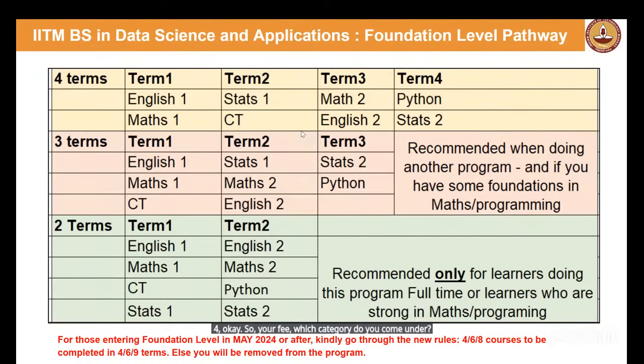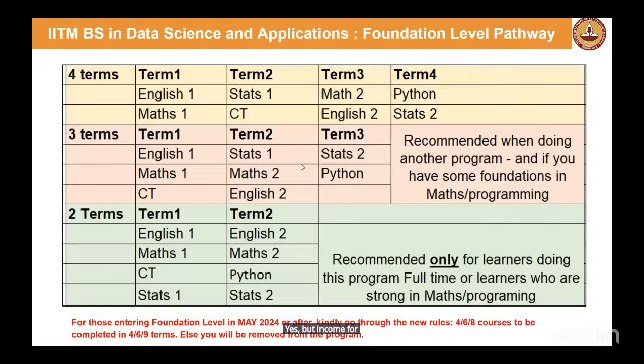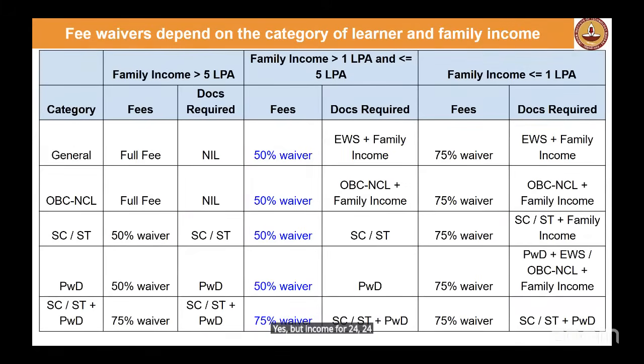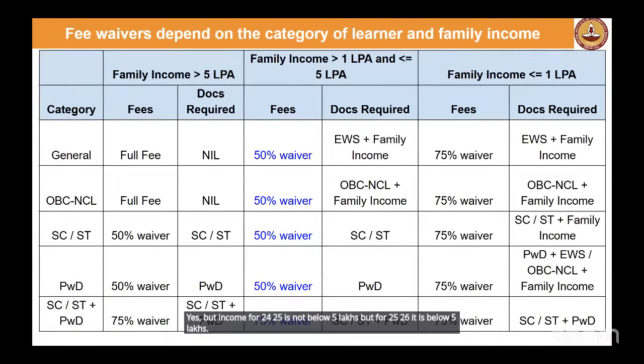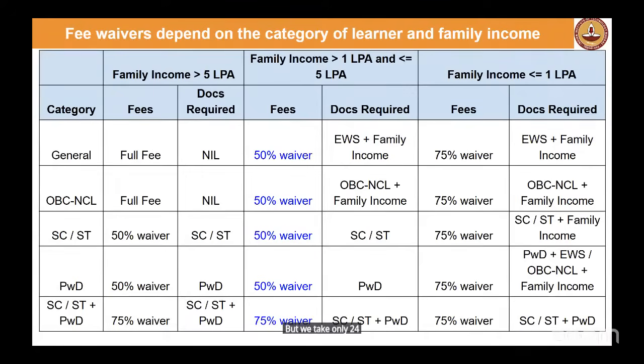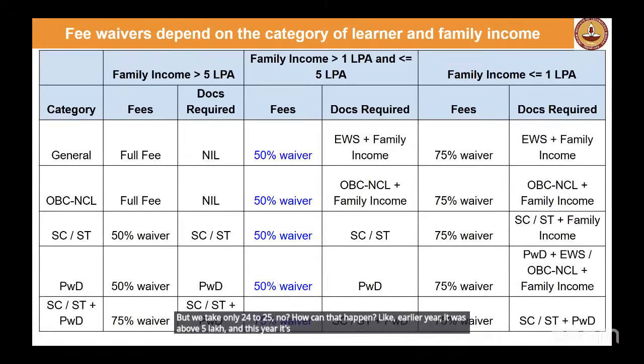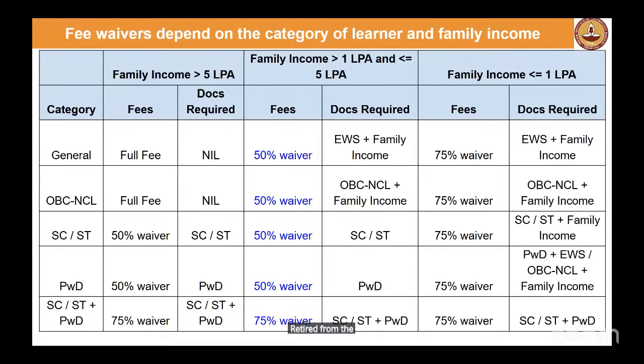OBC NCL. Okay, is your document approved? Yes, but income for 24-25 is not below 5 lakhs, but for 25-26 it's below 5 lakhs. But we take only 24-25, no? My father retired from the government job 10 years ago. Okay, got it.